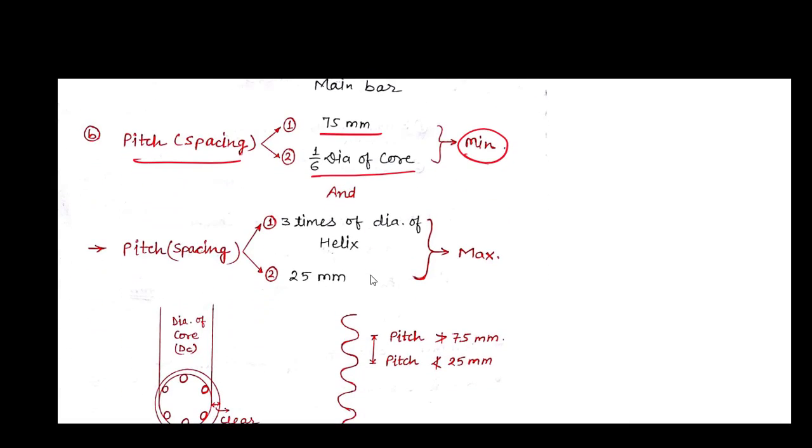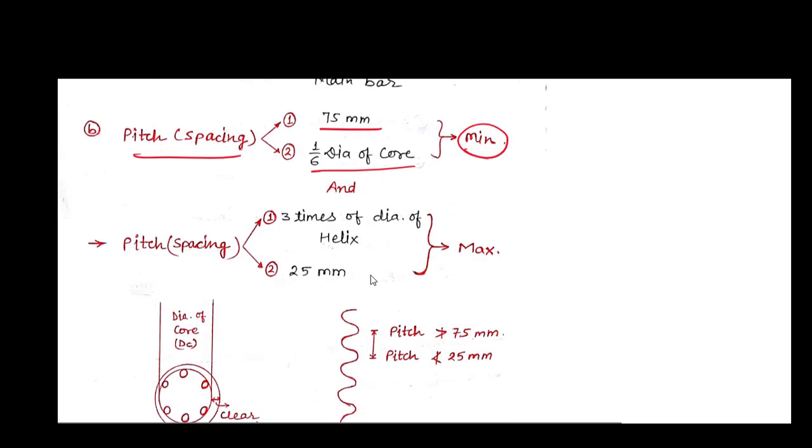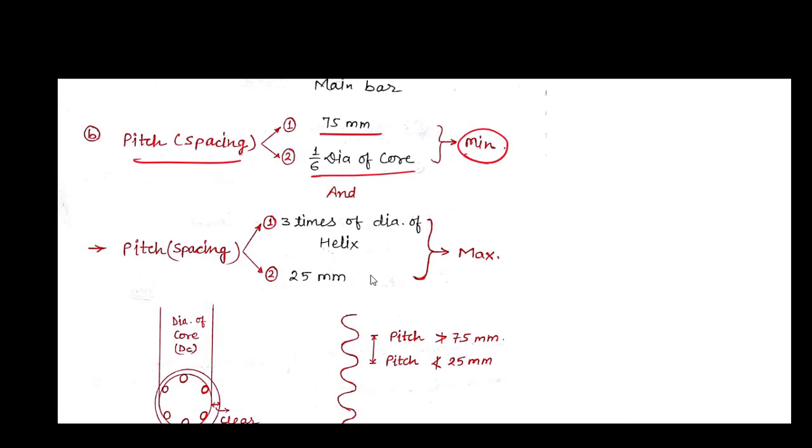So pitch or spacing also depends on the maximum part. There is another condition, 3 times the dia of helix or 25 mm, whichever is maximum. In case dia of core is not given, you can use this formula, but if dia of core is given, you can easily use this one.